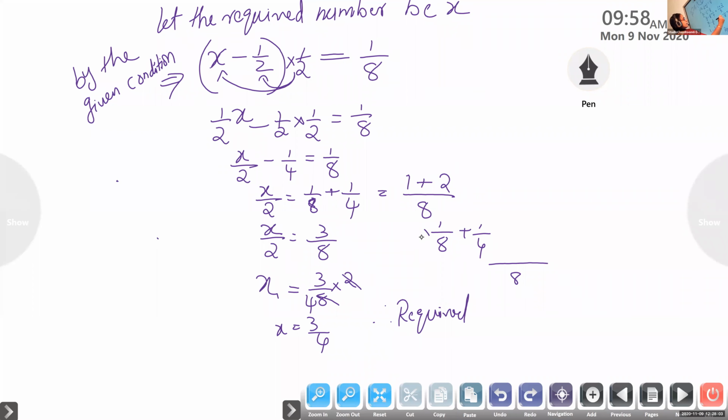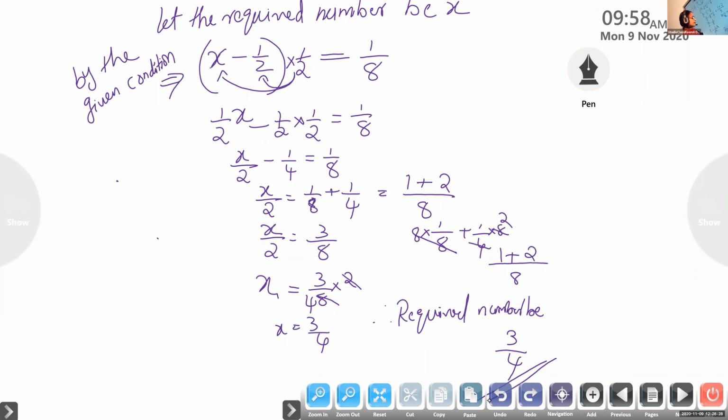When we multiply 8 by the two terms, 8 gets cancelled, 1 plus 4 by 4 gives 2. Understood, Vinayak? Yes, ma'am. Addition of rational numbers.